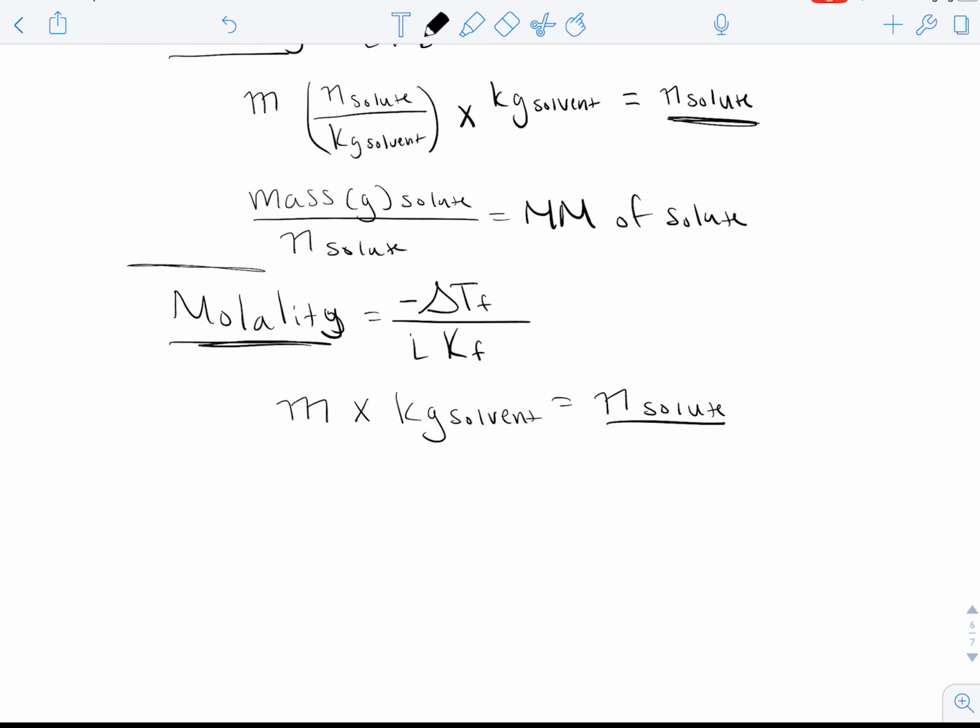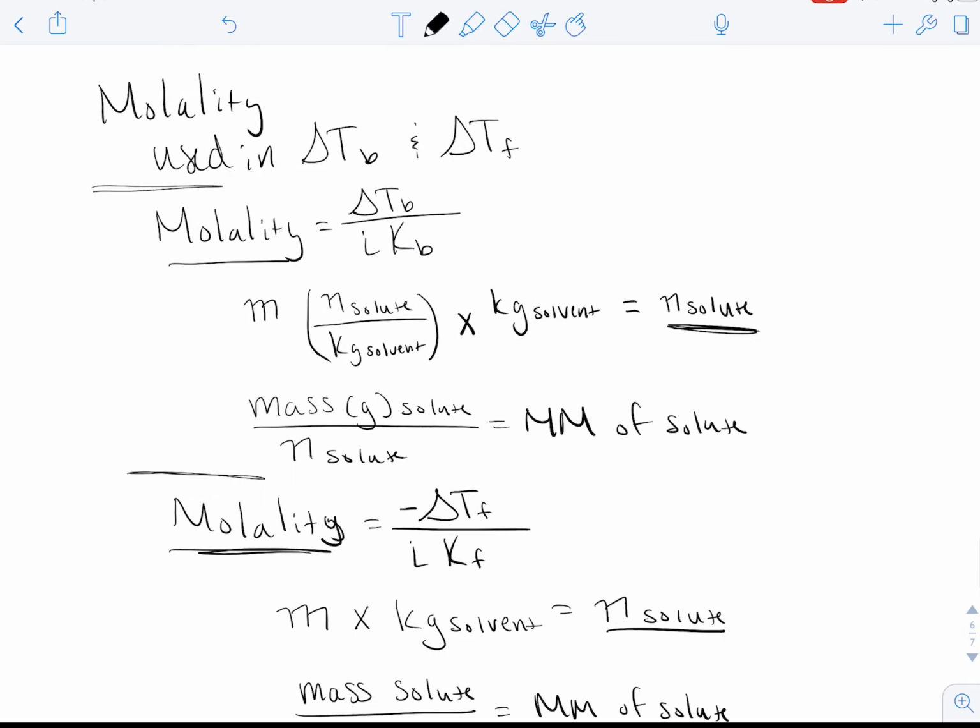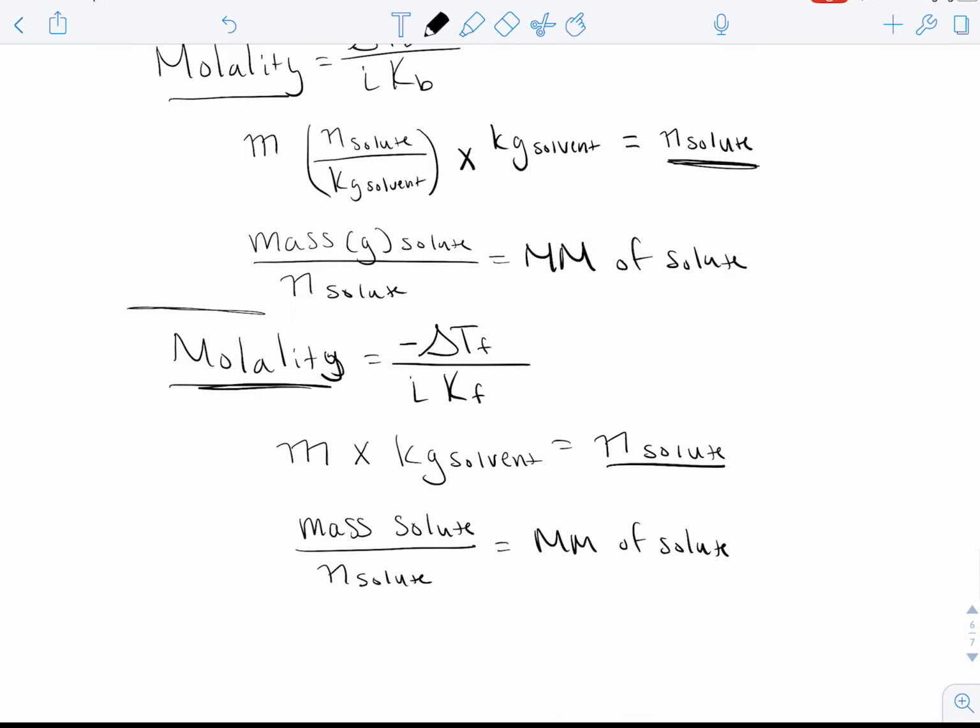That moles of solute, we can then again use with our mass of our solute, dividing it by our moles of our solute to get our molar mass of solute. Okay, so that's using molality.